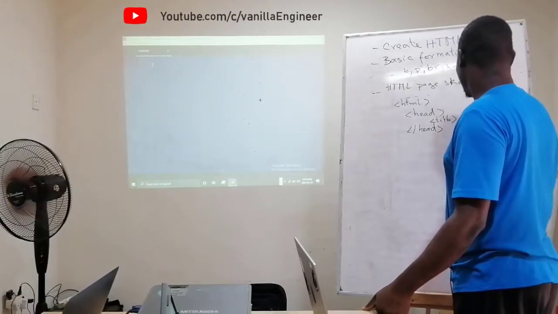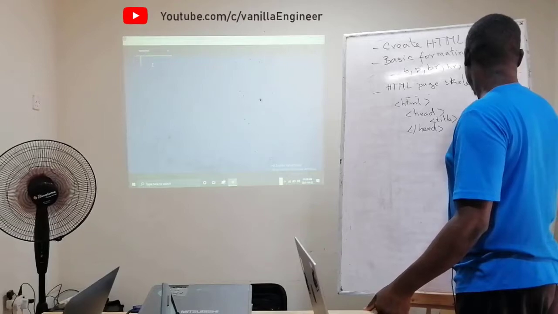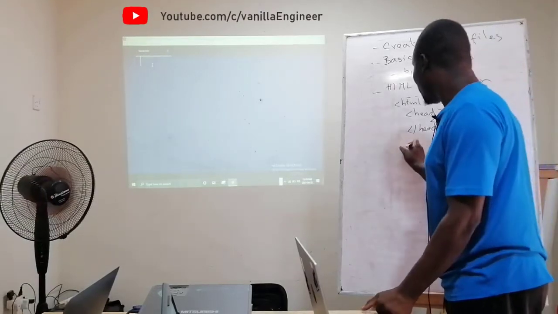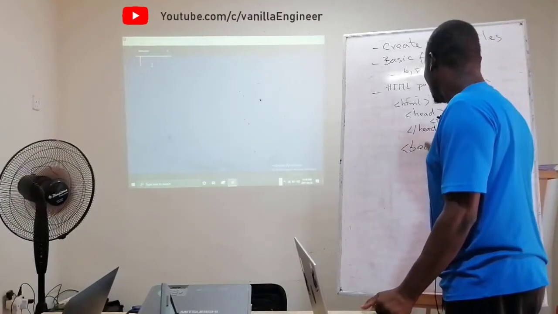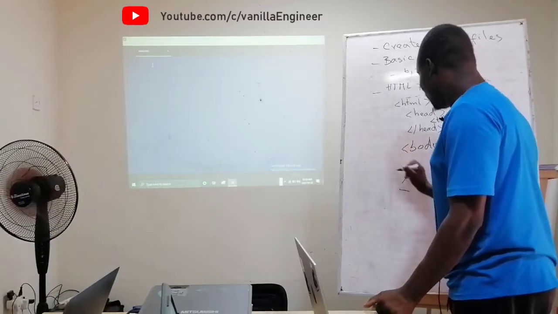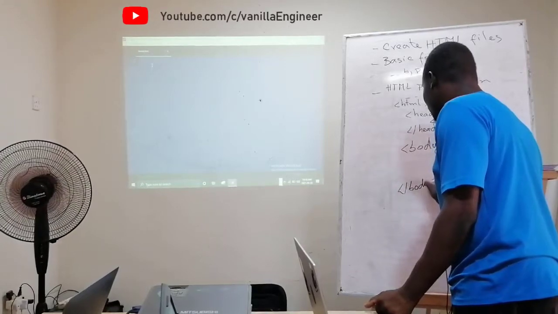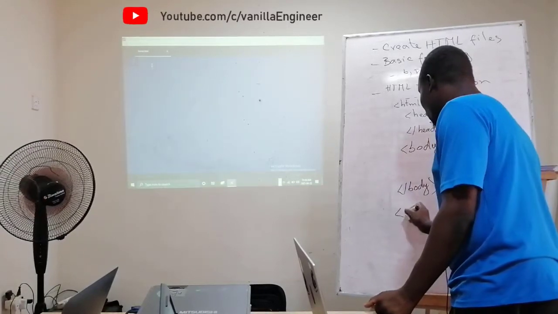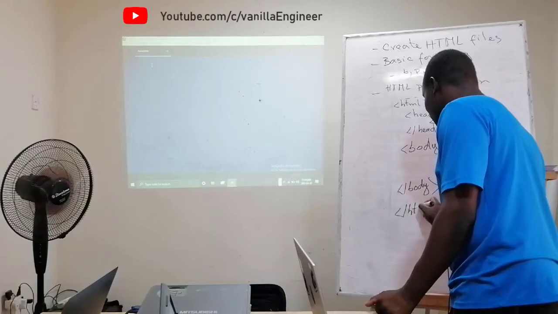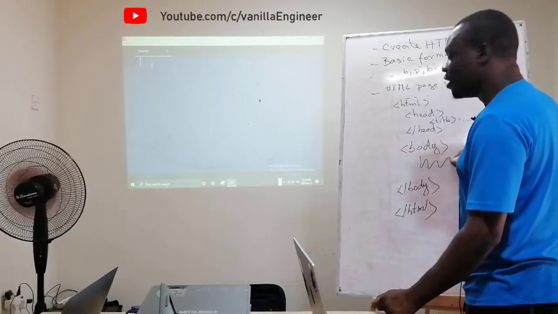Okay, so we write some text here, then we close the title. And then we define the body part, which is the document itself, the content of the document. And body. Then we close HTML.